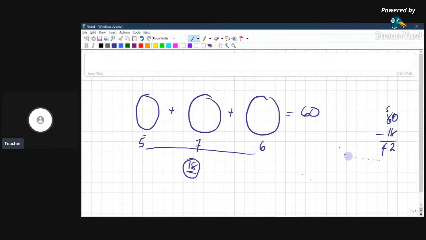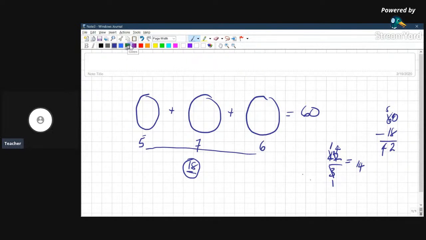Now they said that the 42 students that were left, each class had the same amount. So that would mean we have 42 and we divide this by 3, and 3 into 4 would go 1, and we have 1 left over, and 3 into the 12 would be 4. So it means that there would have been 14.